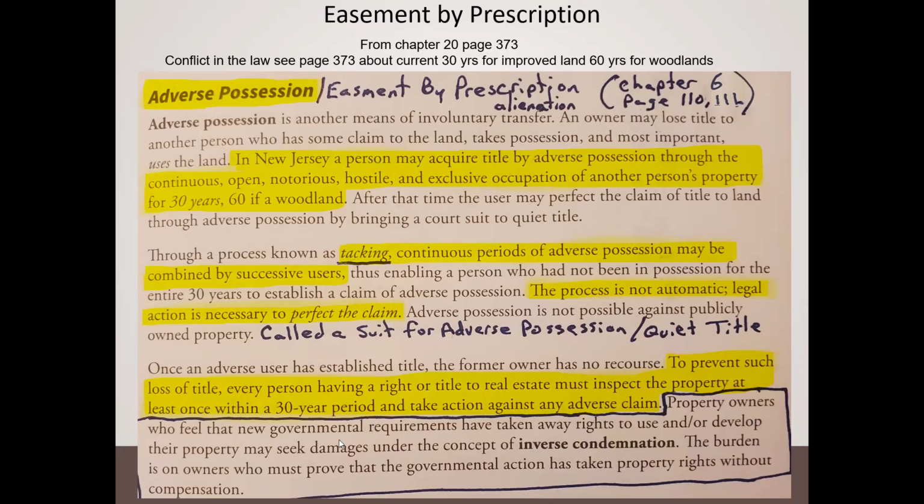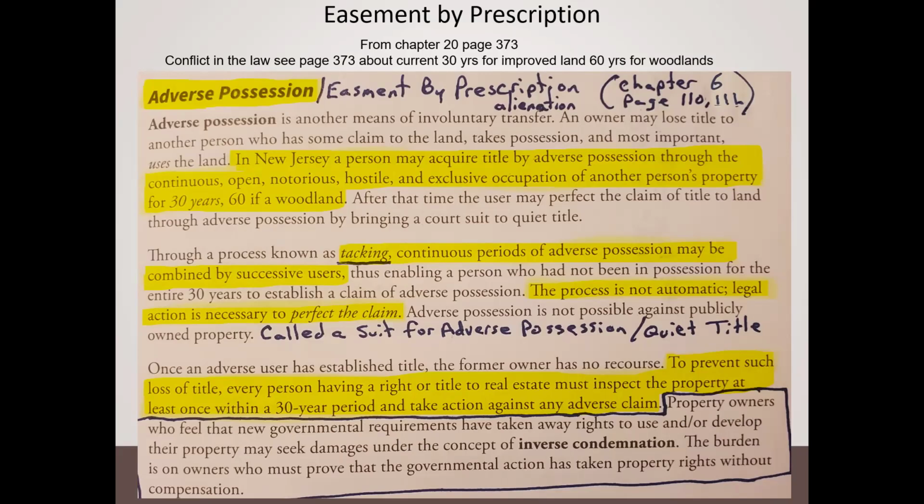Property owners who feel that the government is making too many rules and laws that could restrict how an owner can use their own property, they're basically condemning your property through something known as inverse condemnation, because they put so many rules in effect that you can't really use it.